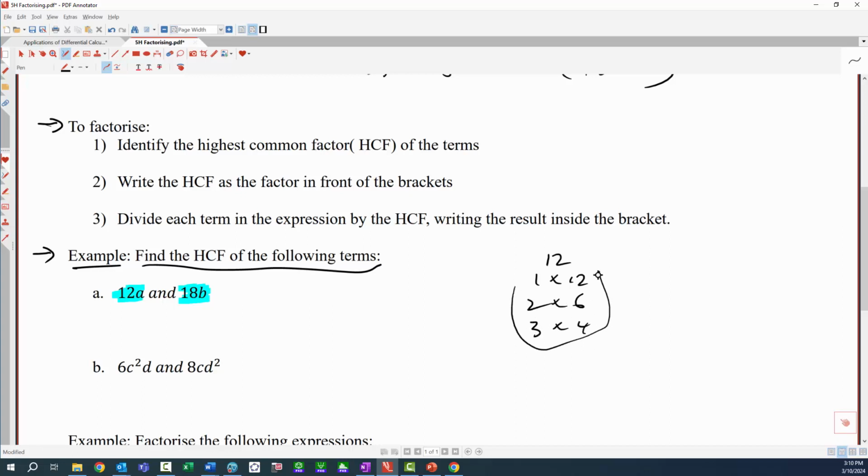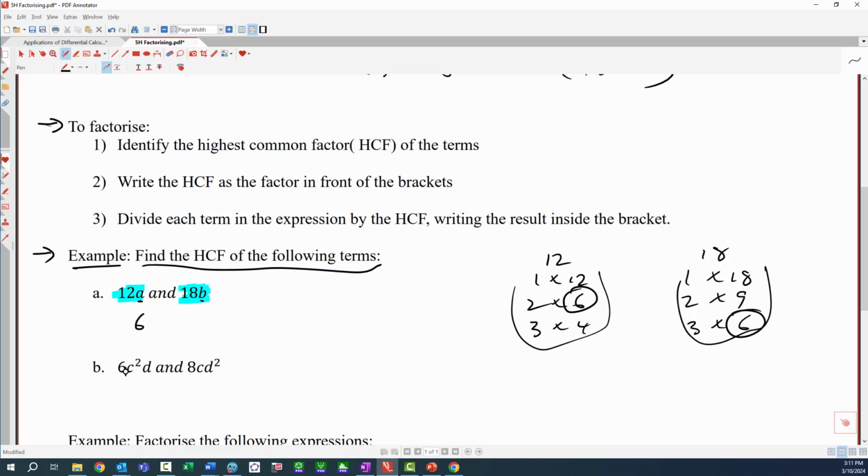So there, those 6 things are the factors. Now 18: 1 times 18, 2 times 9, 3 times 6, and there are our factors. So we can see here that the highest common factor of 12 and 18 is 6. And we can note that there's no letter that both of the terms have in common. So that's all we're going to do. We're not going to take out anything else as a factor.